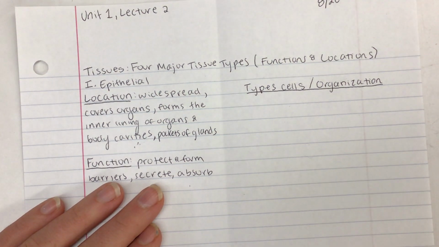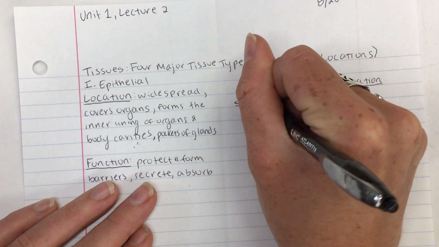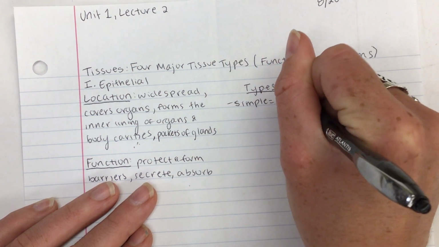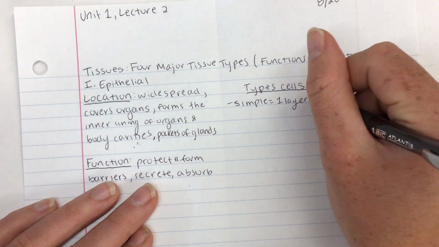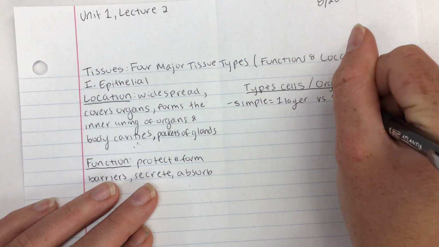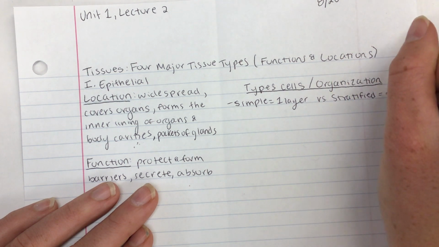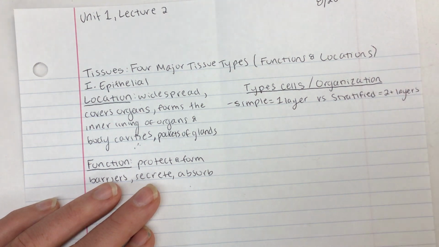So in terms of layers, we have 2 words. We have simple, which equals 1 layer, and we have the word stratified, which means there's 2 plus layers, 2 or more.